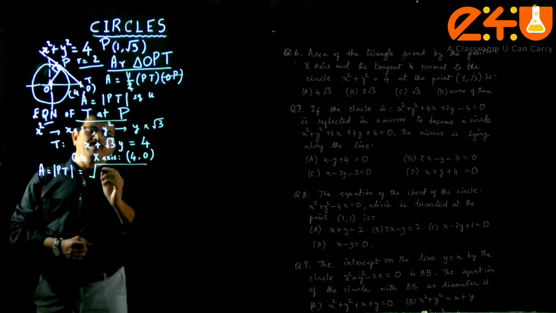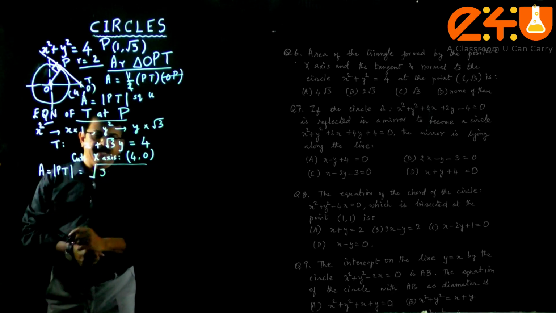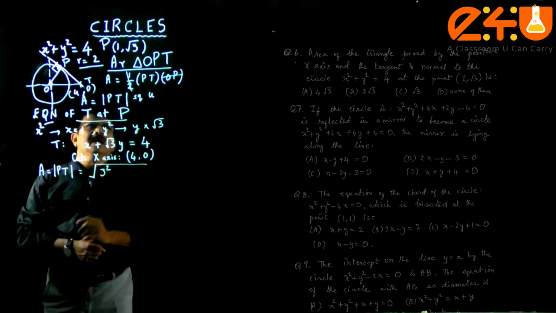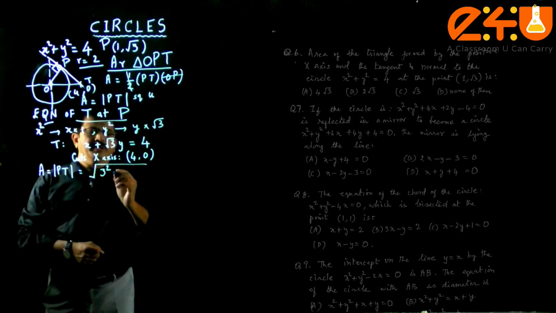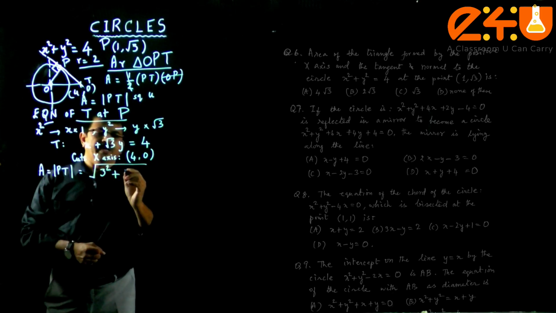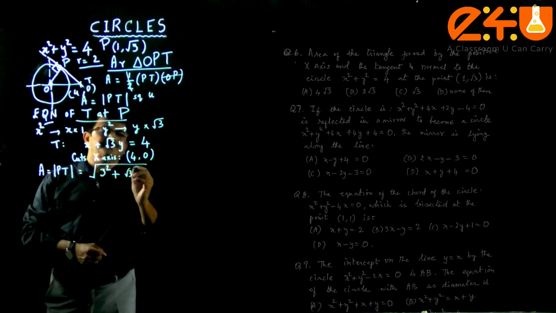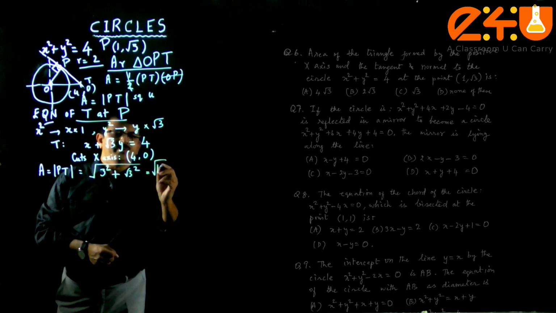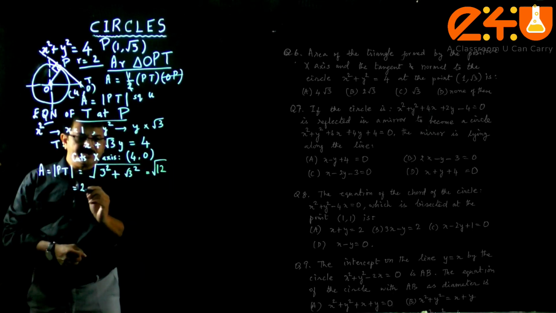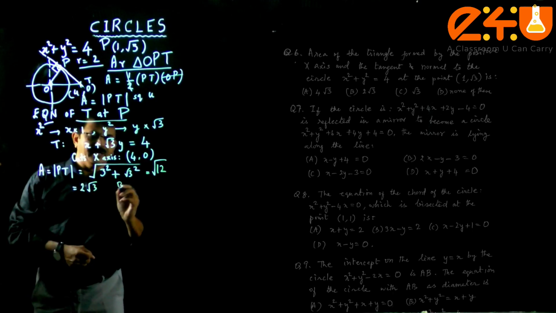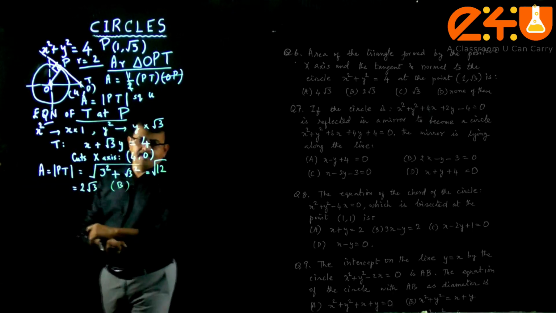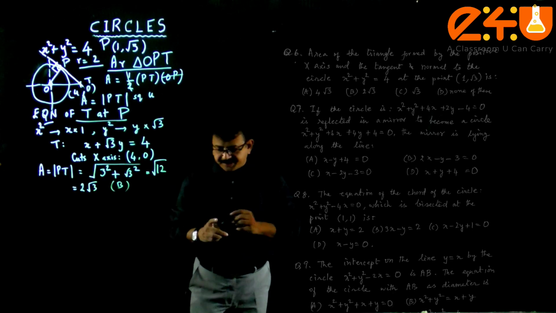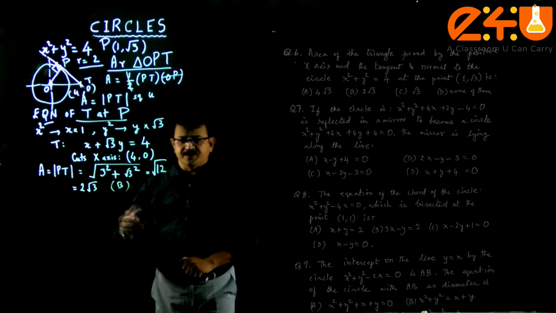So it is 4 minus 1, I am taking it as 3, square it. Root 3 minus 0, difference is root 3, square it. So you get square root of 12, which is 2 root 3, found in option B. So that's how you can successfully answer this question.